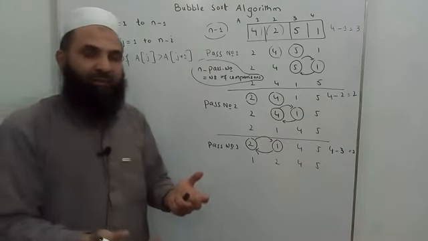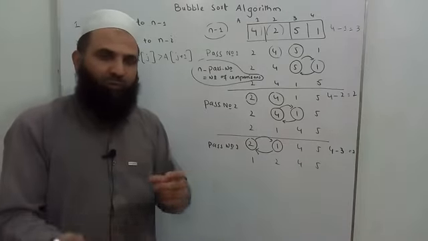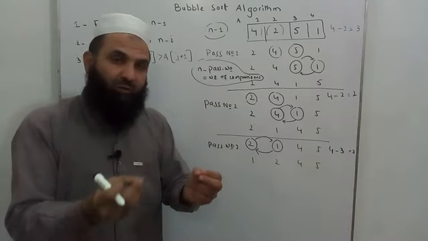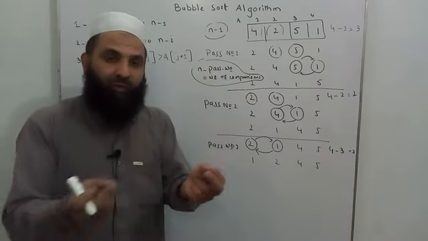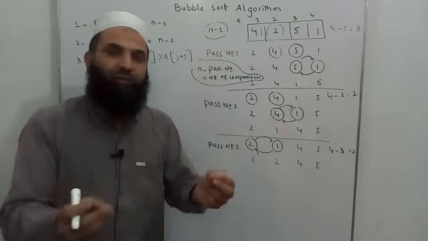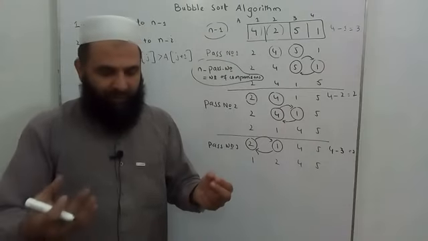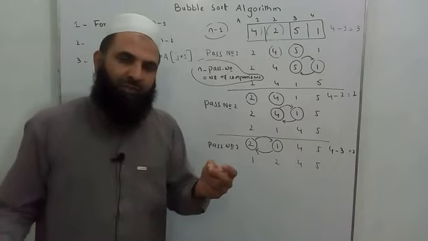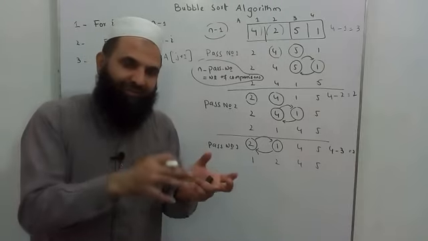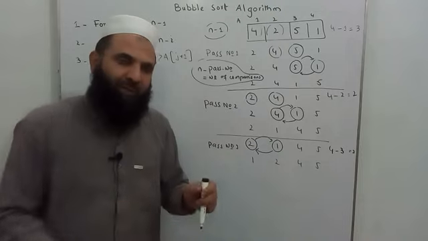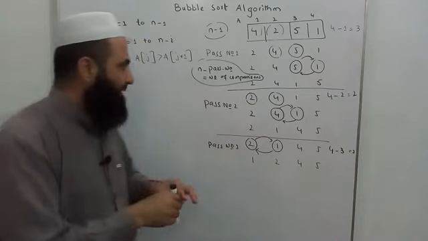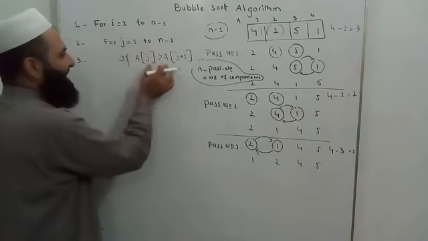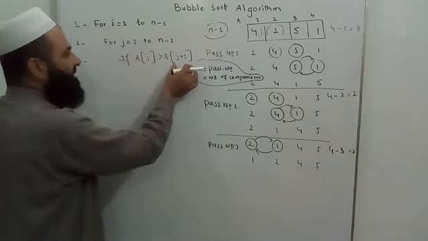And you know this better: how to swap the values of two variables. In order to swap the values of two variables, we need a third, temporary variable, where we store the value of the first variable, then we assign the value of the second variable to the first one, and then the value from the temporary variable is assigned to the second variable. So one variable here is a of j and the other is a of j plus 1.